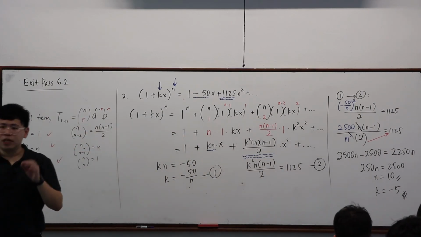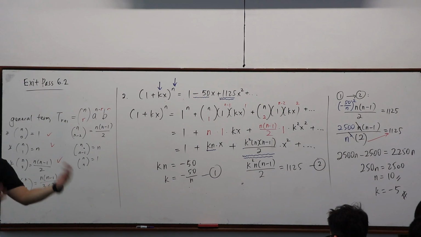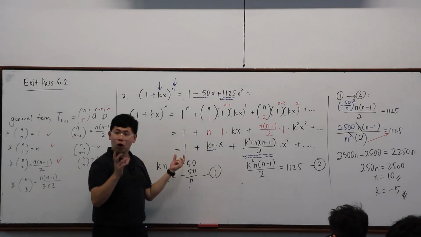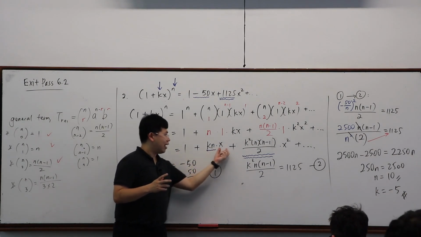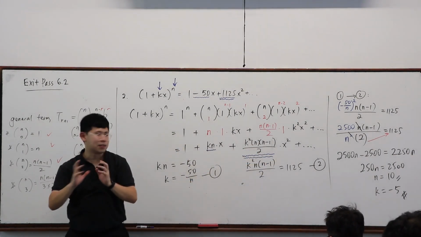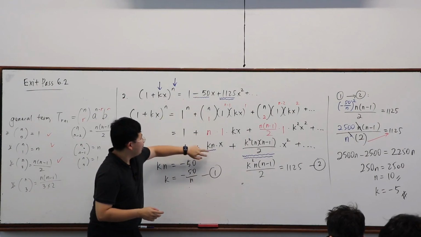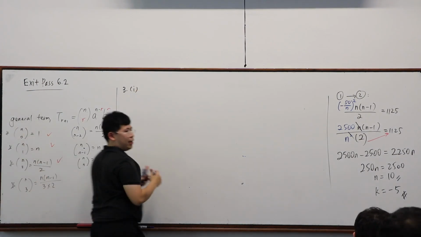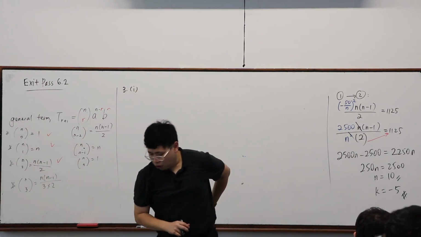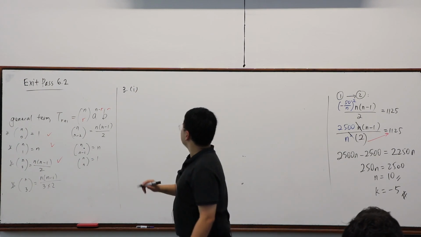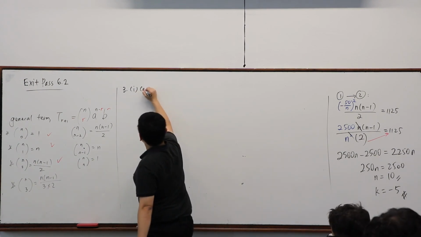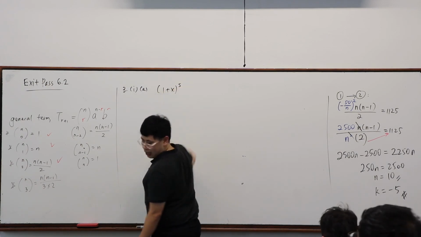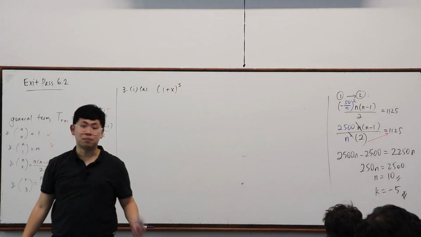But in your brain, you need to think in terms of the structure of the expansion. You need to think in terms of the structure of the term, like a polynomial: 1, coefficient x, polynomial terms, so that you can compare powers and compare terms. For this question, there are 3 parts. The first one is to expand this, and expand for the first 4 terms.